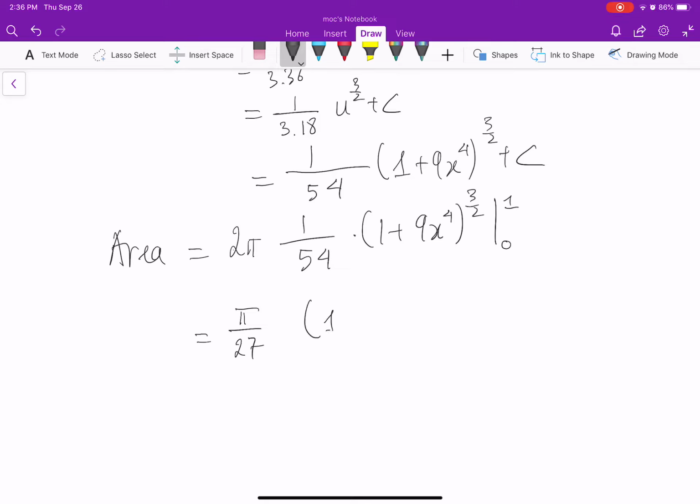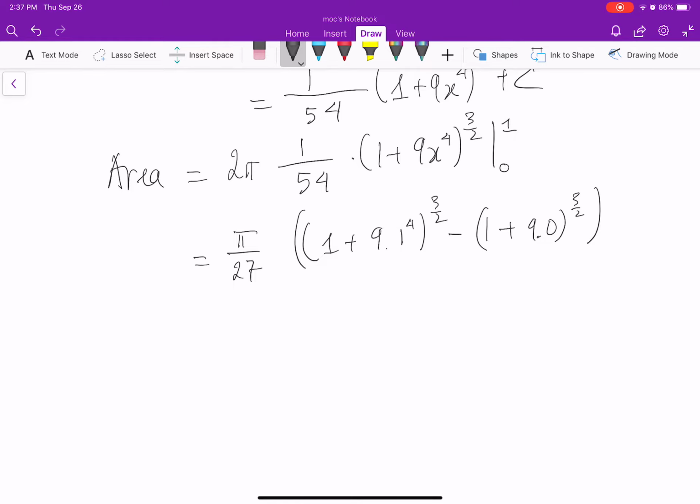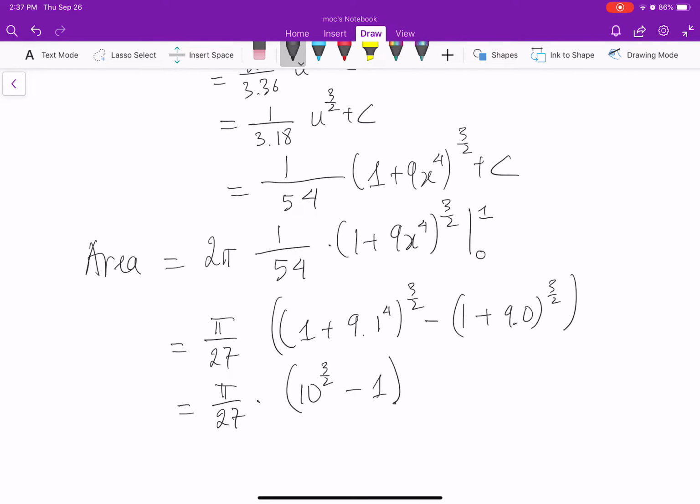And here I get 1 plus 9 times 1 to the 4, to the 3/2, minus 1 plus 9 times 0, to the 3/2. And then you can use a calculator to find this number. Basically, that is pi over 27 times 10 to the 3/2 minus 1. So that is how we can solve the surface area problem. Okay.